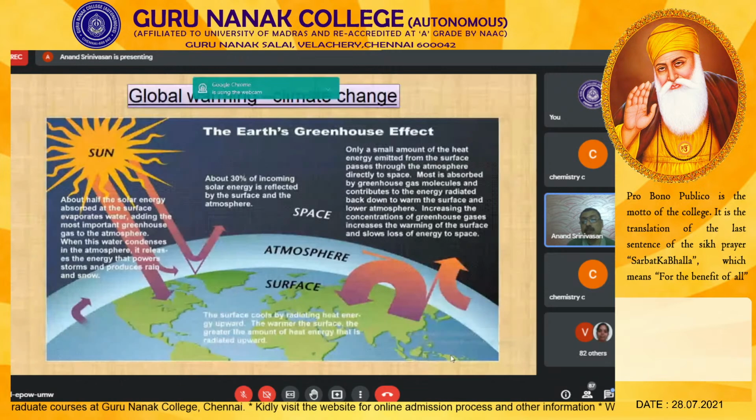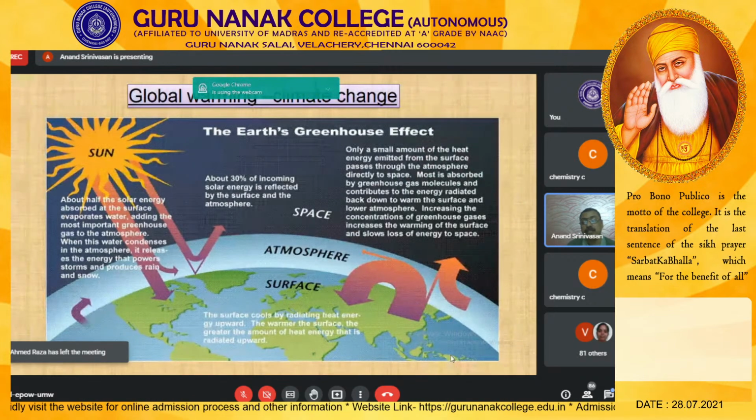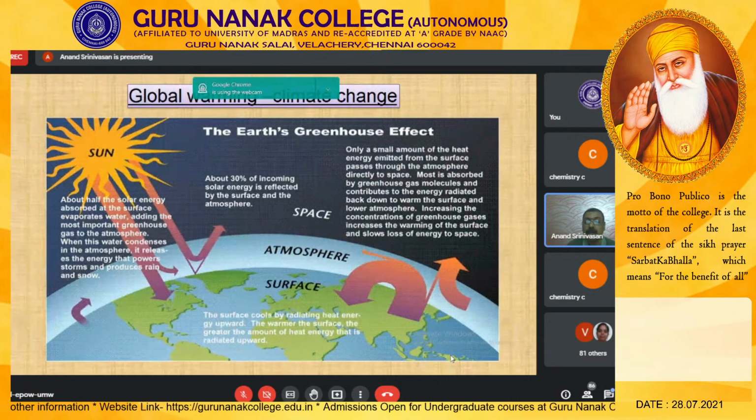Only a small amount of heat energy emitted from the surface passes through the atmosphere. This is mainly because of the carbon dioxide insulating layer that is not letting energy be reflected back beyond the Earth's surface. So this has to be taken care of.